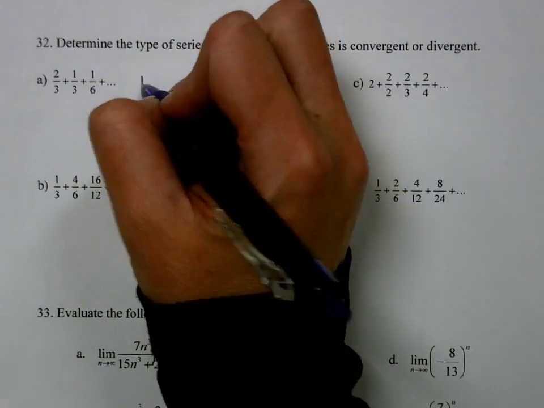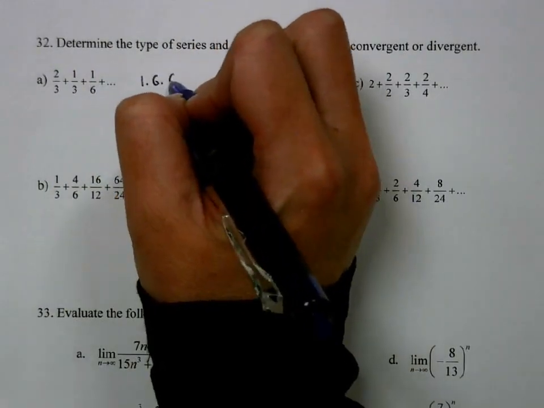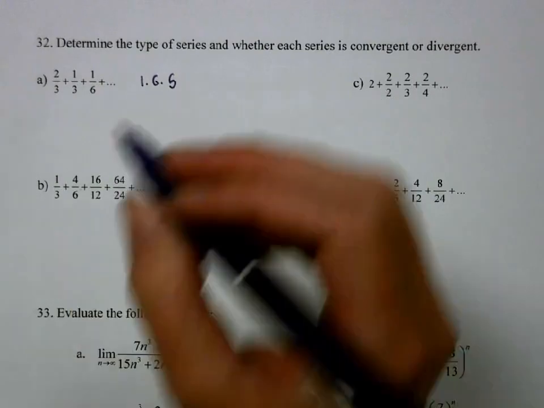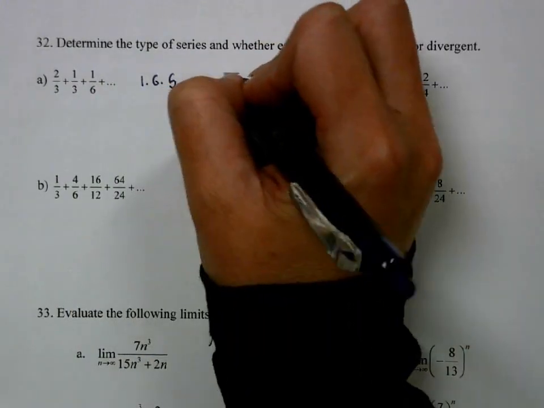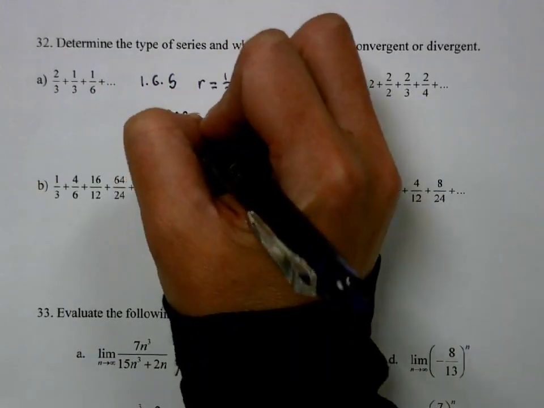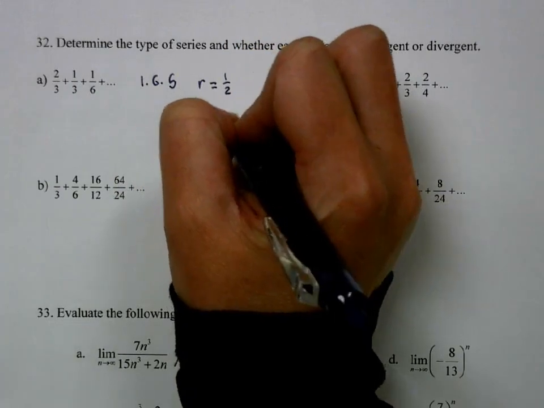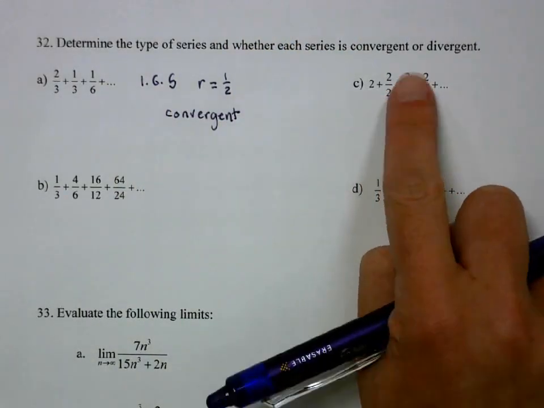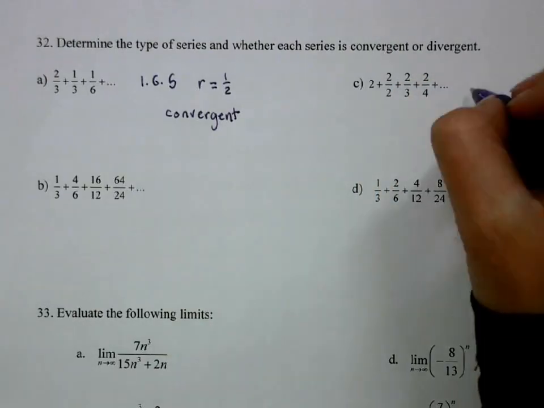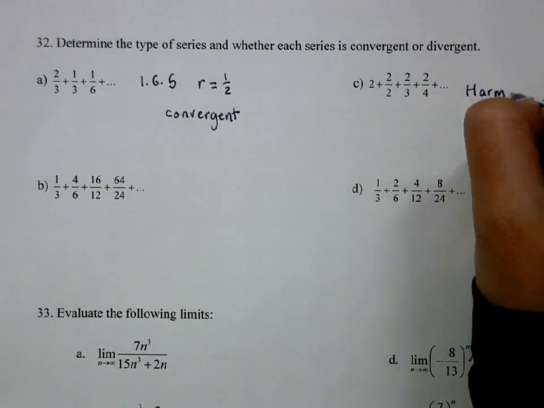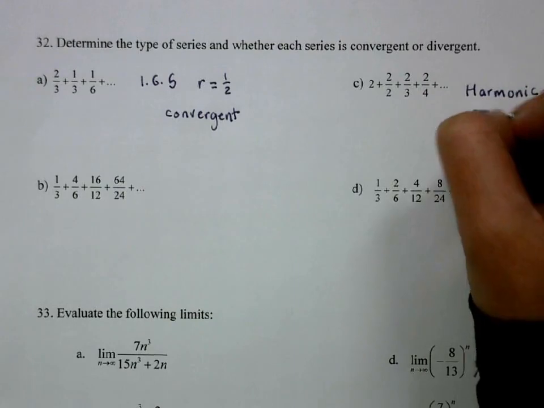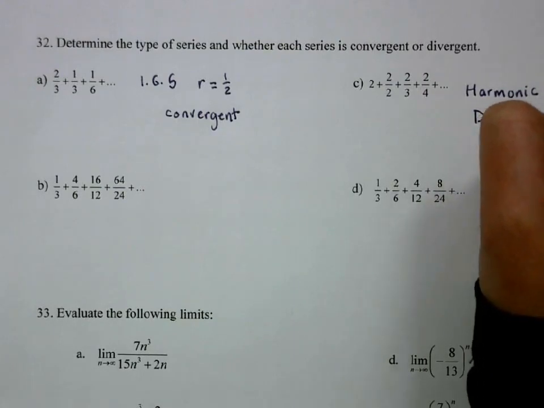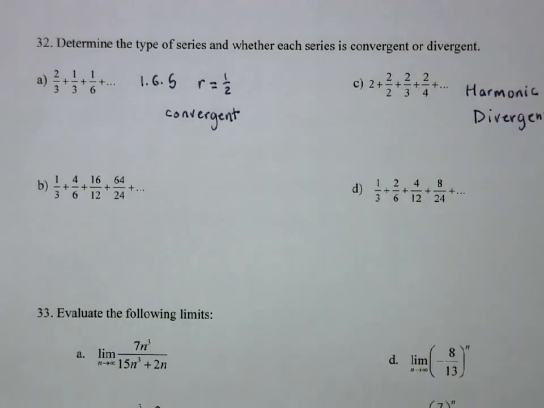Okay, here, this would be 2 over 1, 2 over 2, 2 over 3, 2 over 4, which is the harmonic series, which is always divergent. Okay, this next one we're multiplying by 4 on the top and 2 on the bottom, which is an infinite geometric. However, this one is divergent.